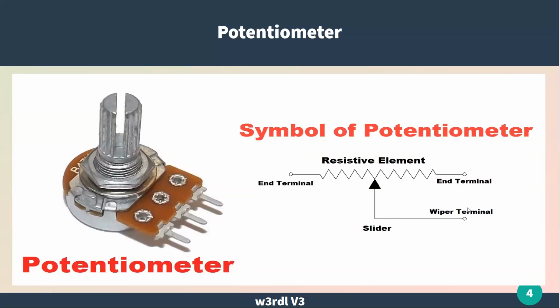When it's used as 3 separate terminals and we have a voltage across it, depending on where it is, the voltage is going to vary. So if I had 10 volts at this end and I move the slider up here, I'm going to have 10 volts, and I'm going to go all the way down to, say, 0 volts at this end. And that's where the potentiometer name came from, because it's a measure of the potential.